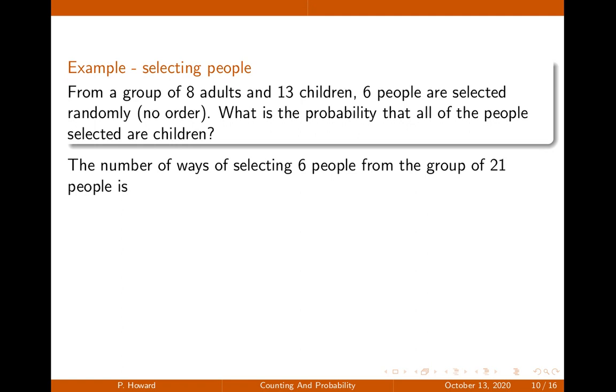The number of ways of selecting 6 people from the 21 people in this group is 21 NCR6. It's the number of combinations of 21 things taken 6 at a time. 54,264 possible ways of selecting 6 people from 21.